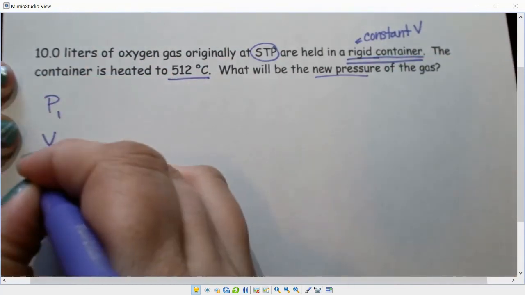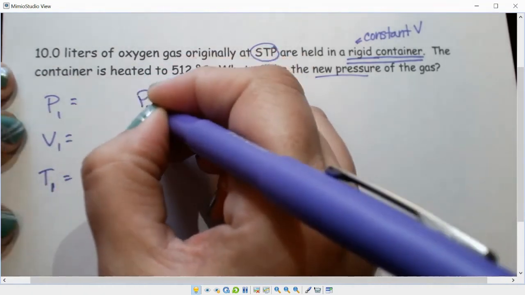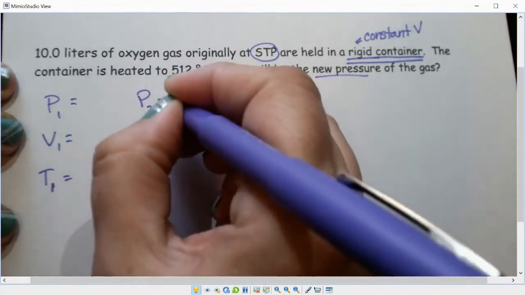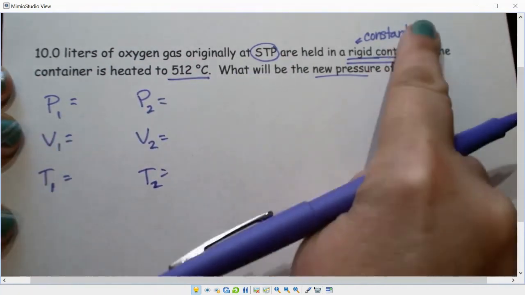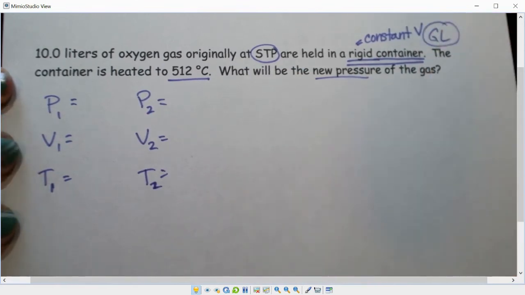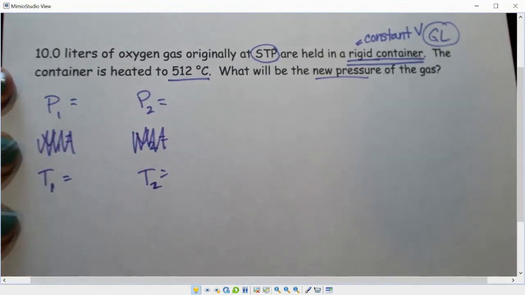So just like always, let's keep track of what we know, what we're trying to find, and what's being held constant. So we said constant volume, that's Gay-Lussac's law, right? So if we're constant volume, we get rid of the V's.